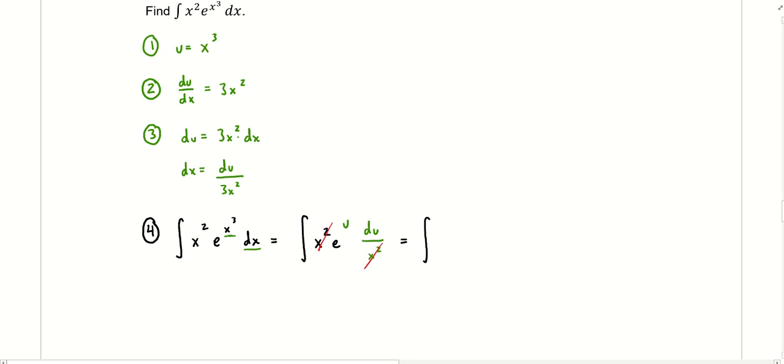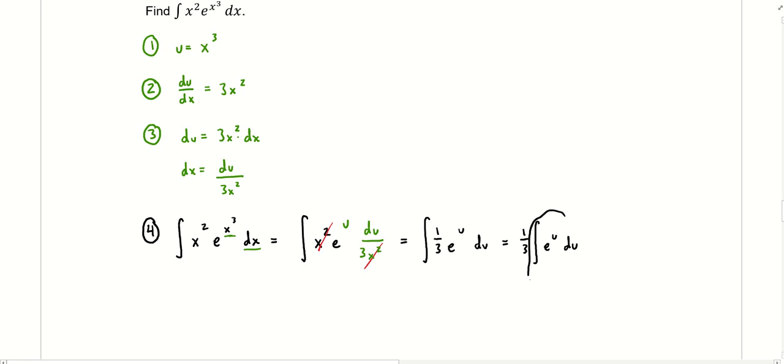I can write that as 1/3 times e to the u du. And 1/3 is just a constant, so I can go ahead and take that out of my integral altogether. 1/3 times the integral of e to the u, and we're integrating with respect to u.